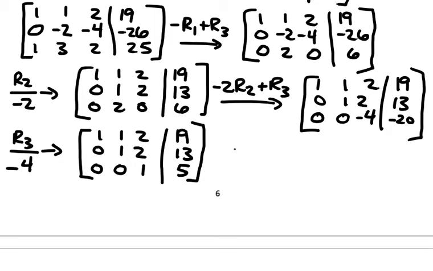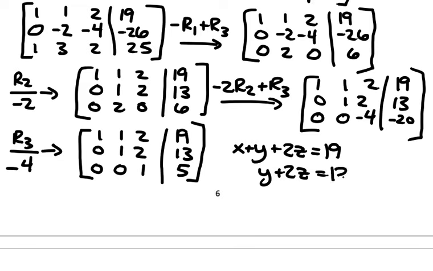So now I'm going to go back and write the equations. The top one is x plus y plus 2z equals 19. The second one is y plus 2z equals 13. And the last one is z equals 5.